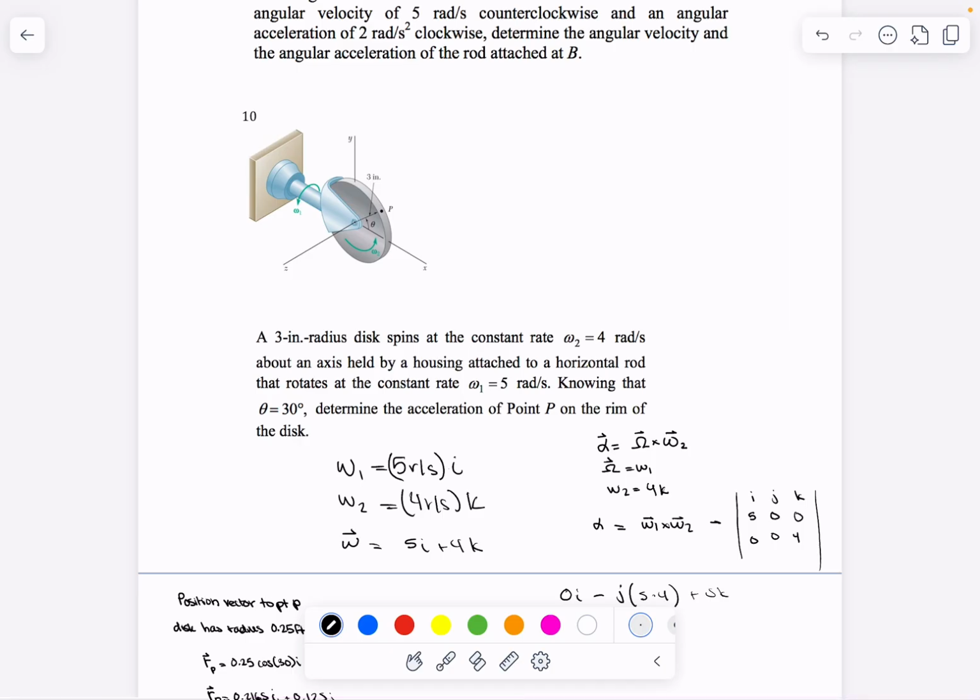Here our rotating frame is omega 1, equal to 5 radians per second in the I direction because it's rotating about the x-axis. Our omega 2 is 4 radians per second, that's K because it's rotating about the z-axis.